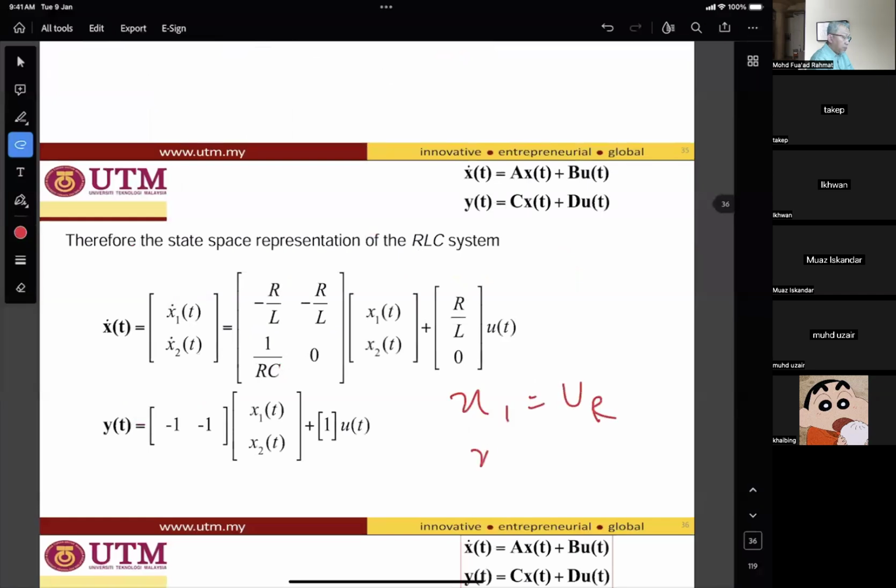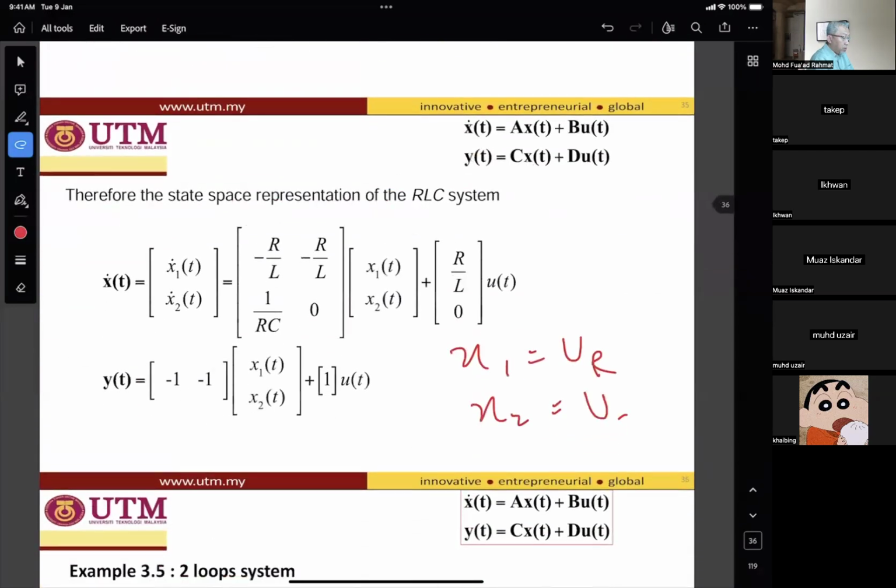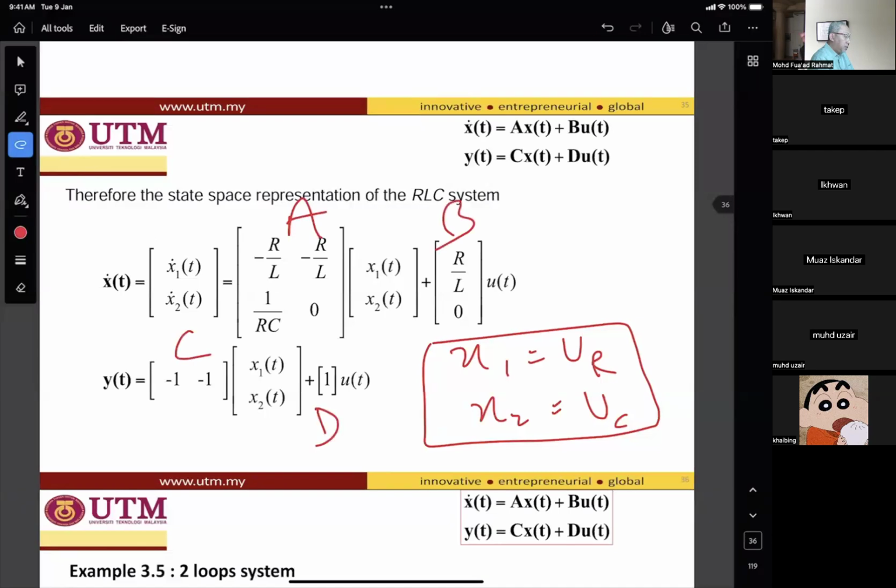And finally, this one is the new state space representation, where state variables are defined as VR as x1 and VC as x2. So it is different, different matrix A, B, C, and D. When you change the state variable, A, B, and C are different, but D maintains the same.